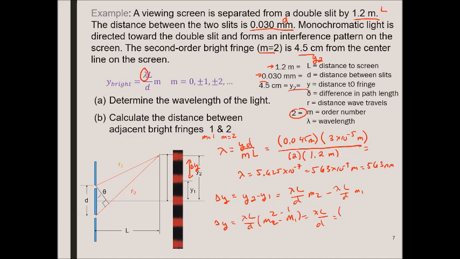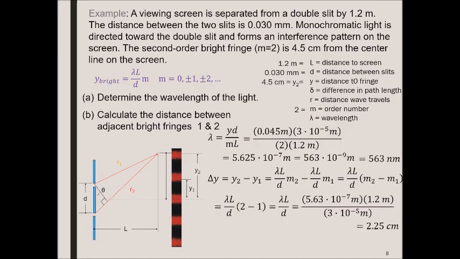And so I can put those numbers in, 5.63 times 10 to the negative 7th times 1.2 meters, all over 3 times 10 to the negative 5th. And that'll give me a distance of 2.25 centimeters. And it should be no surprise that it's half of the original value.